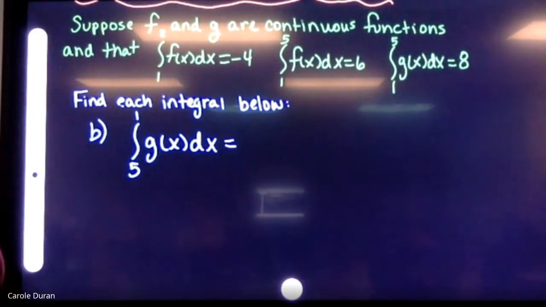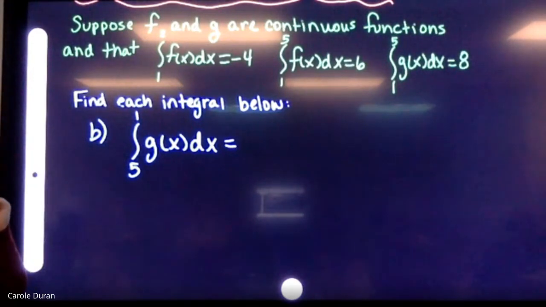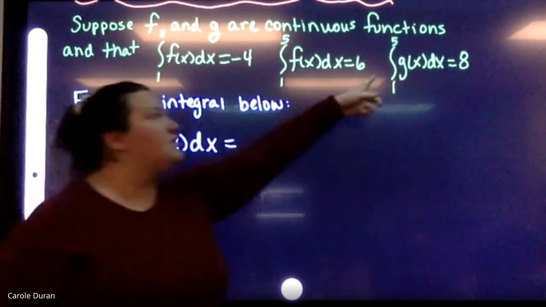And I can only solve this using the information that I was provided, which are the 3 green integrals. Do I have an integral that goes from 5 to 1 in those 3 pieces of information? No, but I do have one that goes from 1 to 5, and is the function g of x dx.